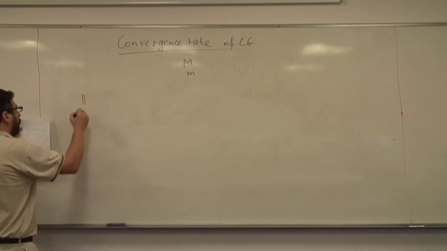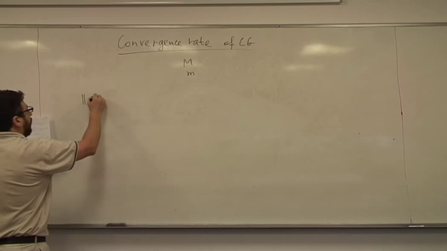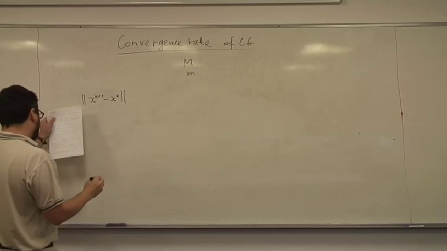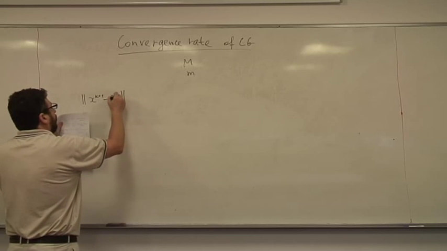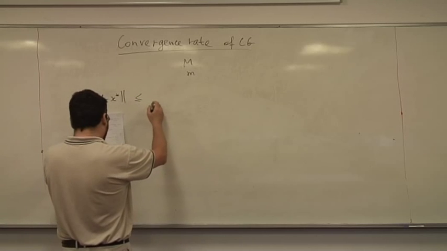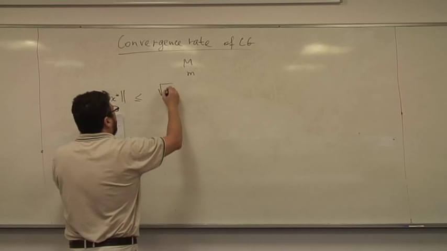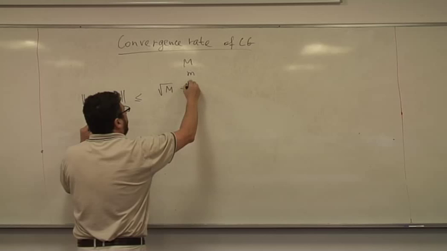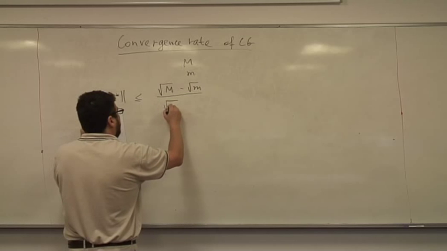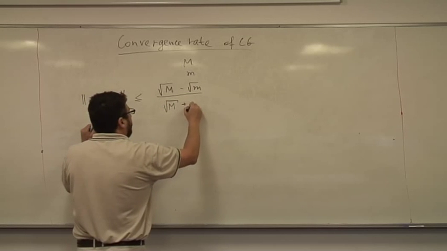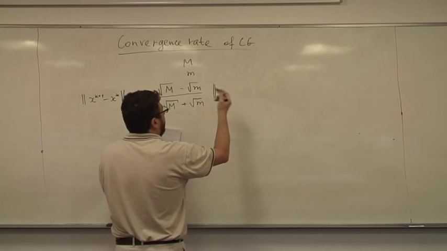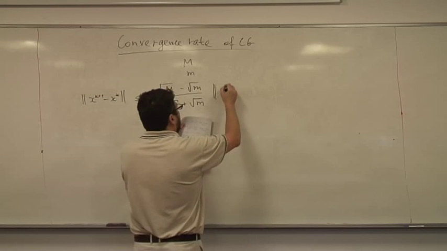then one can say, for example, that the norm of x_{k+1} minus x star, where x star is the optimal point, is less than or equal to the following expression: square root of capital M minus square root of lowercase m, divided by their sum, square root of capital M plus square root of lowercase m, times the previous error, norm of x_k minus x star.